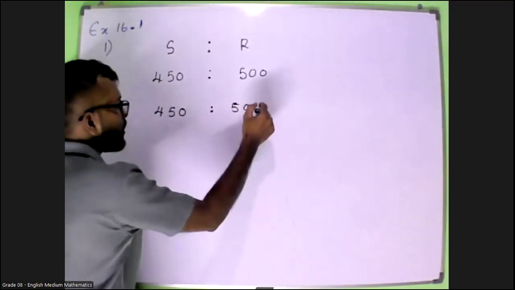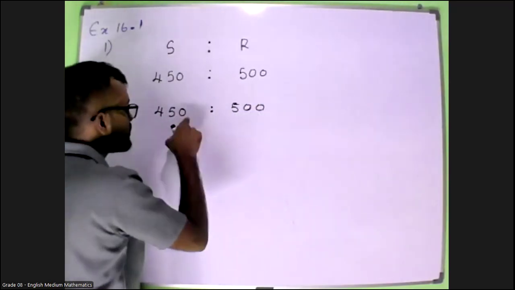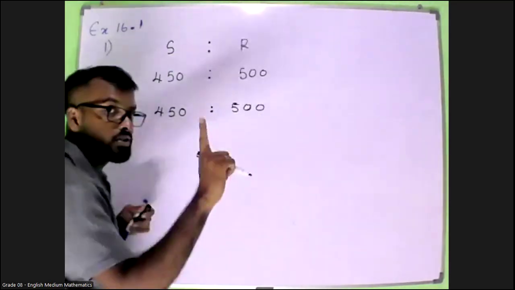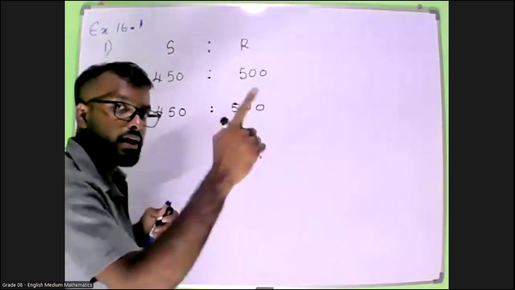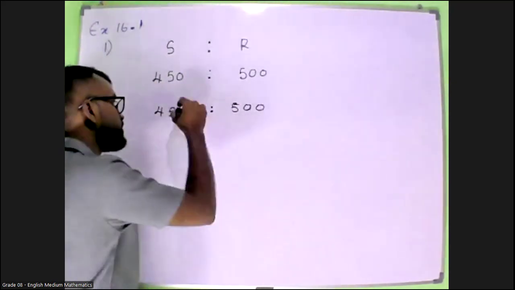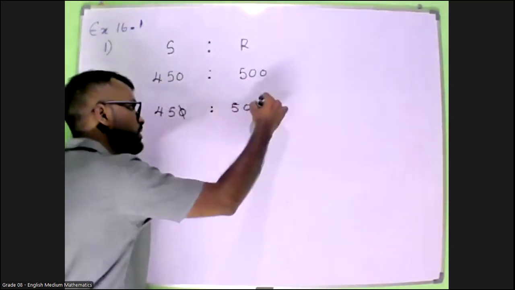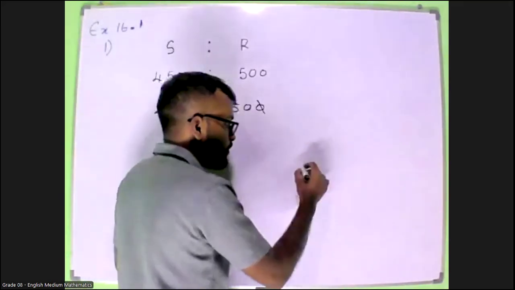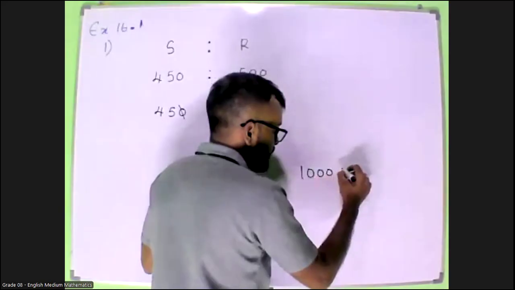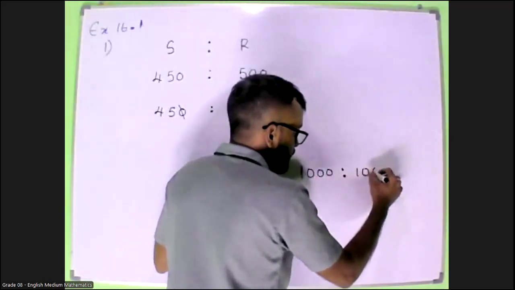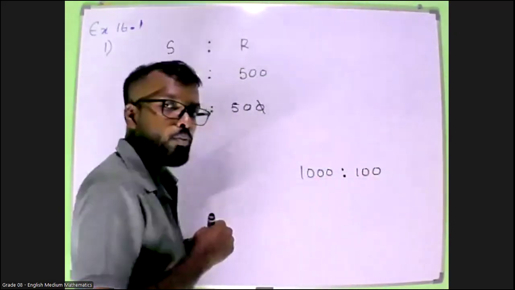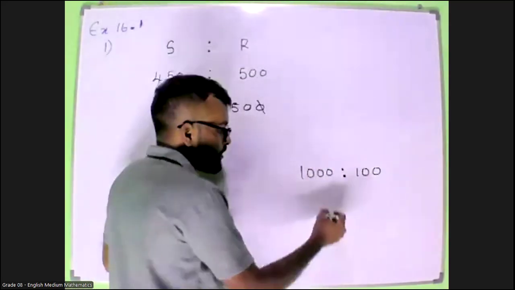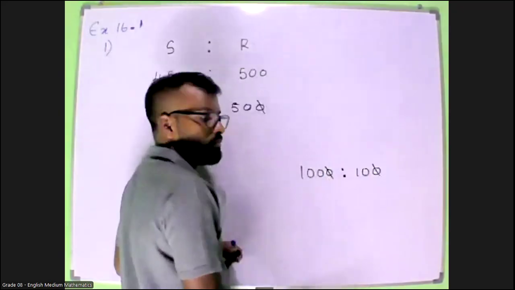Now, how many zeros are there at the end? For this one, 1 zero. For this one, 1 zero. In that case, you can cancel this zero with this zero. If you have something like this, how many zeros will be cut off? Cancel out, 0 to 0.